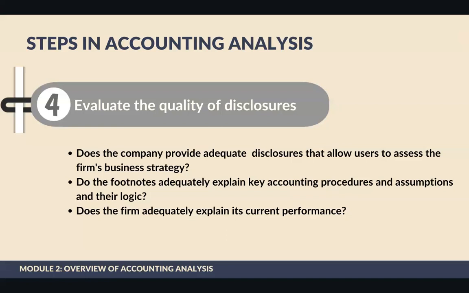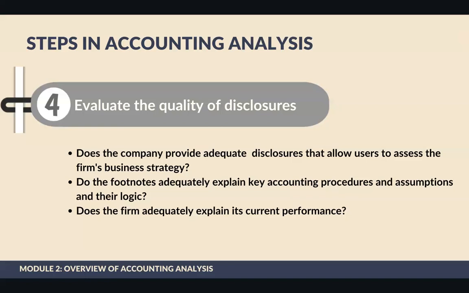Number 4, does the firm adequately explain its current performance? The income statement and the balance sheet tell us of the financial performance and the financial position of the company.